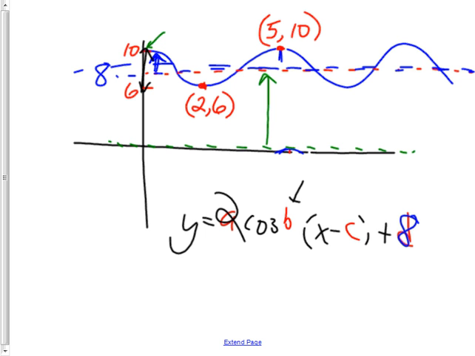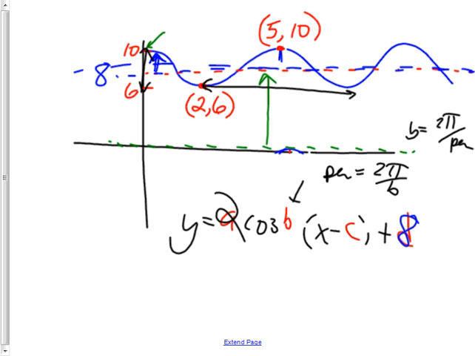That's the period. The period is 2 pi over B, or you could solve that and say B is 2 pi over the period. Let's do that. B equals 2 pi over the period. What is the period of this thing? Seems kind of like a trick question. But the period is how long it takes to complete a full cycle. From here to here is half of a cycle.